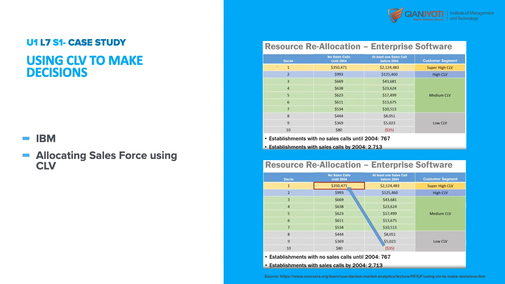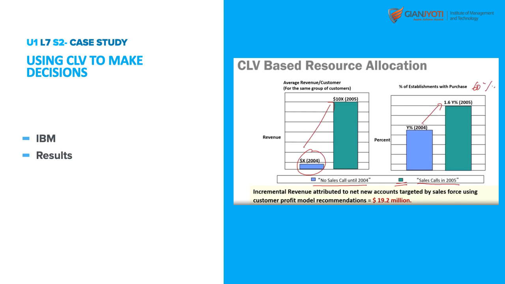So as a result, what happened? When they reviewed this in 2005, after 1 year, they got these results. In 2004, after they moved the sales force from very low CLV to the super high CLV group, they saw their total revenue increase by 10 times. That means if it was X, it became 10X.